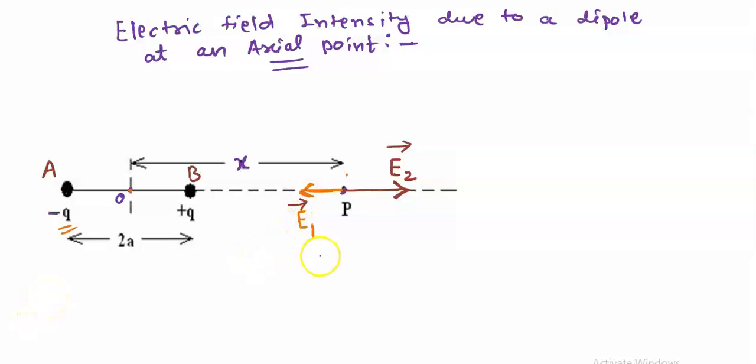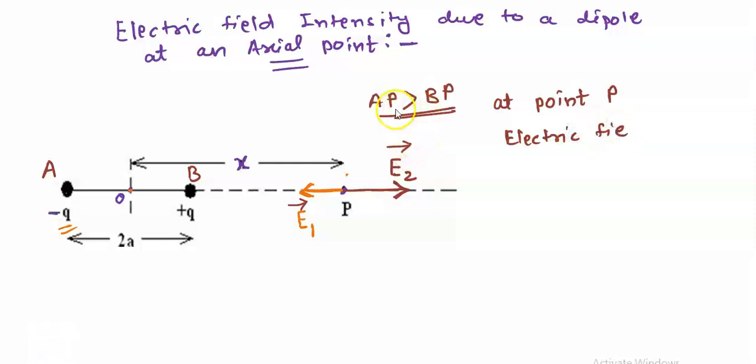Now what we can do is write the formulas for the electric field strength. So at point P, the electric field intensity, as we know that AP is greater than BP. AP is greater than BP means this distance is greater than this distance.